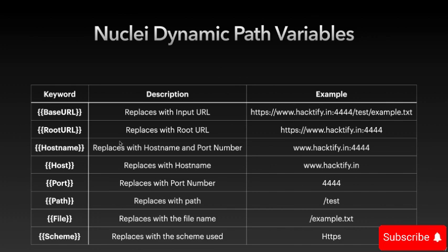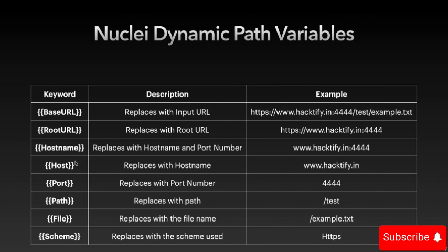The second is the root URL, which replaces with the root URL that has been provided, not with the base URL or the endpoint. Next is the host name. This replaces with the host name and the port number that you have supplied during the scan. An example would look something like this.